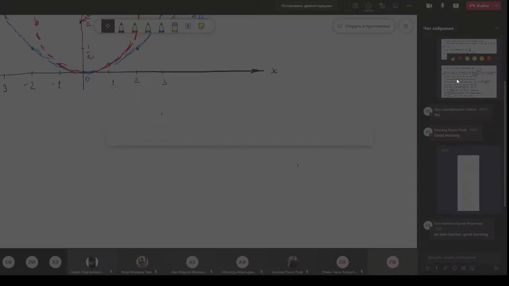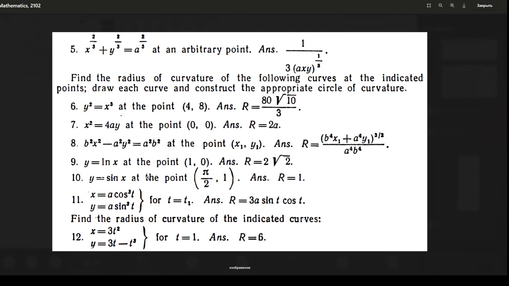Next, our number 9. Y is natural logarithm of x.